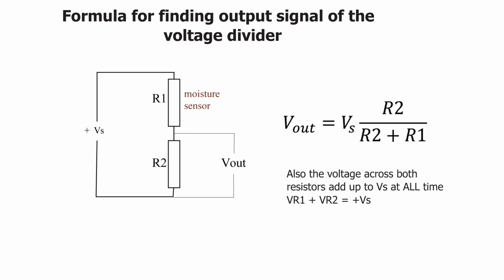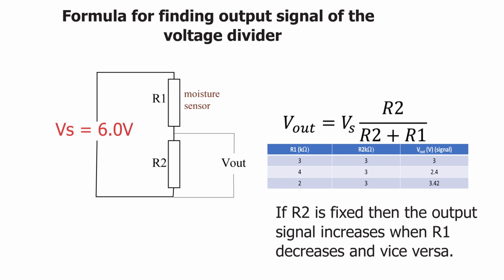Also, you must note that at all times the voltage across R1 and the voltage across R2 have to add up to Vs. So if VR1 is equal to 6 and VR2 is equal to 2, Vs has to be equal to 8. And if VR1 goes all the way down to 1, then VR2 must go all the way up to 7, because you always must have the same sum.